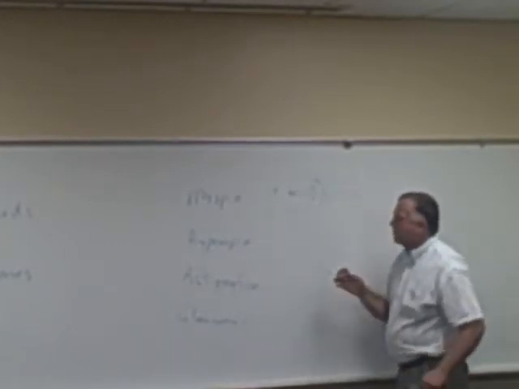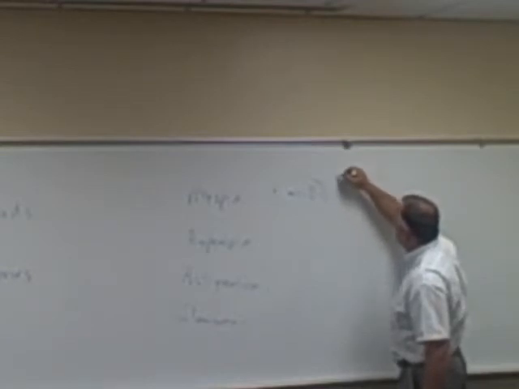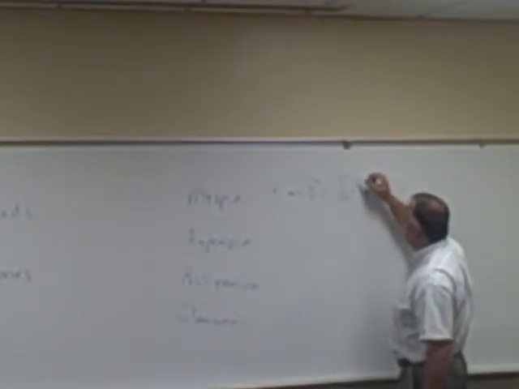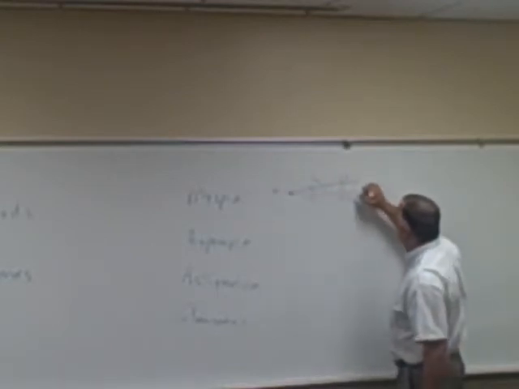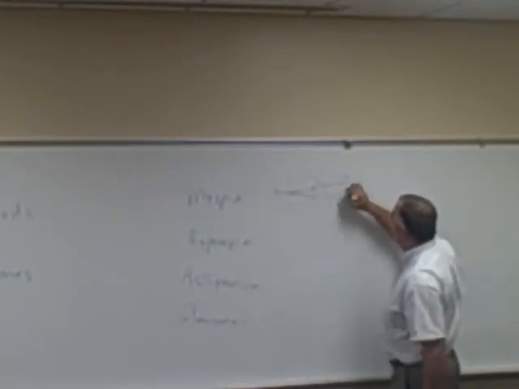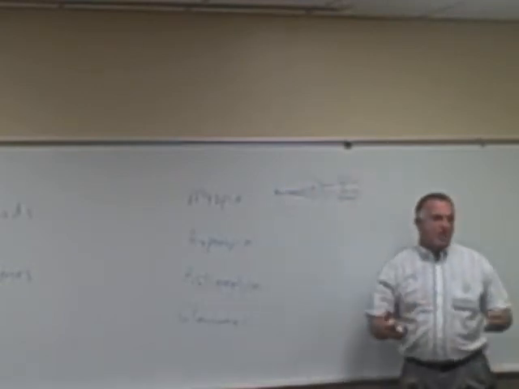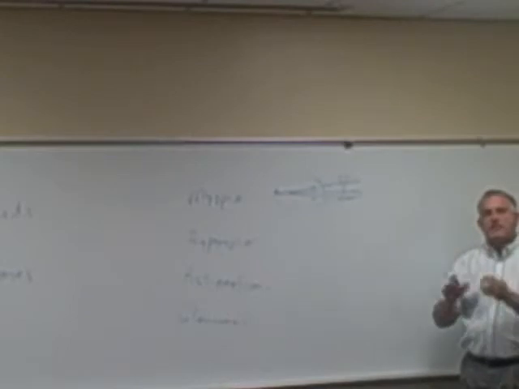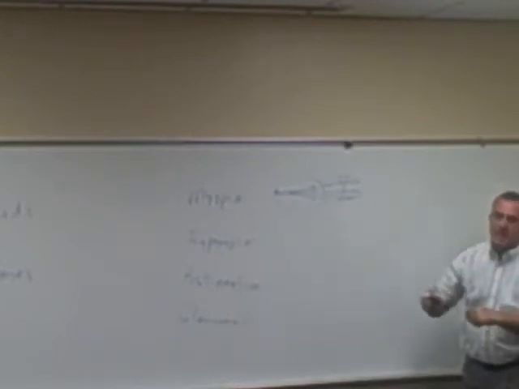So to correct myopia, we would use a concave lens, which would diverge the light out here to make it come to focus way back here. A concave lens diverges light in front of the eye, spreads it further apart, so when it does come together, it's further back in the eye.